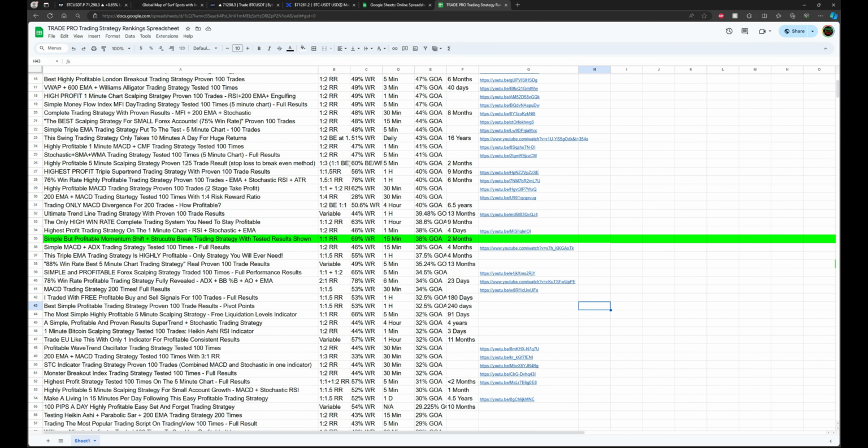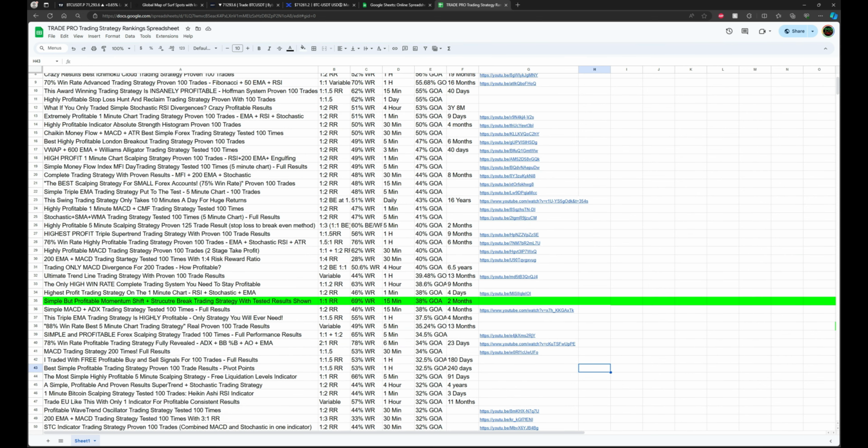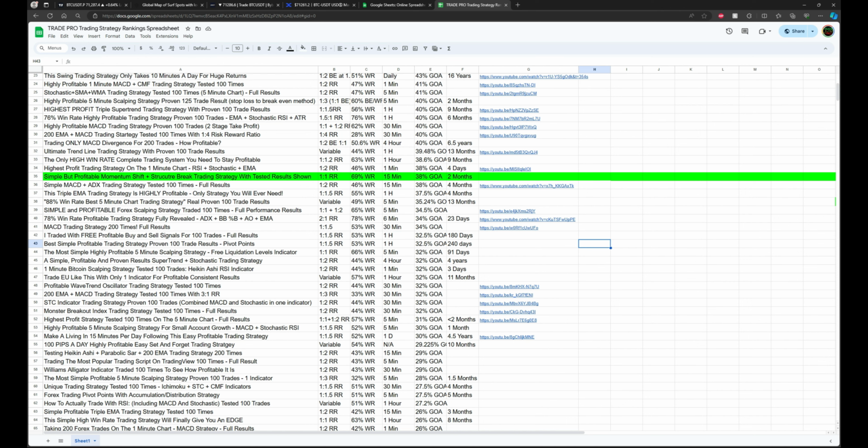Normally 1-to-1 risk to reward ratio strategies just can't stack up against the gain on account figures for 1-to-2 or better risk to reward ratios, like all the top spot holders. This one surprisingly falls very high on the strategy ranking spreadsheet, even though it's a 1-to-1 risk to reward ratio. Now let's take a look at the next best 1-to-1, with just a strict 1-to-1, no variability.